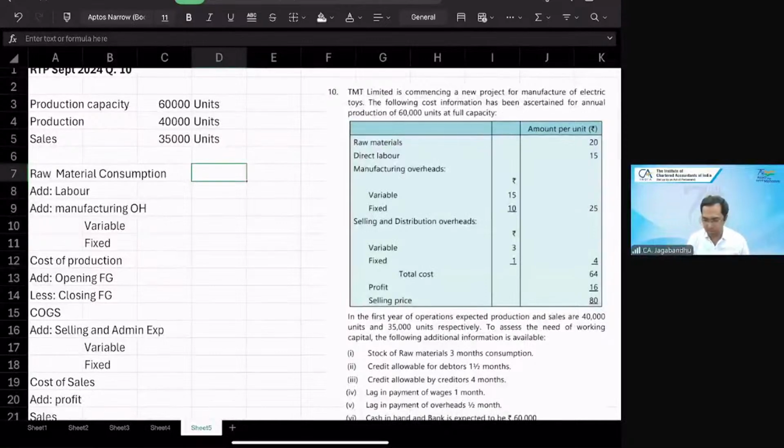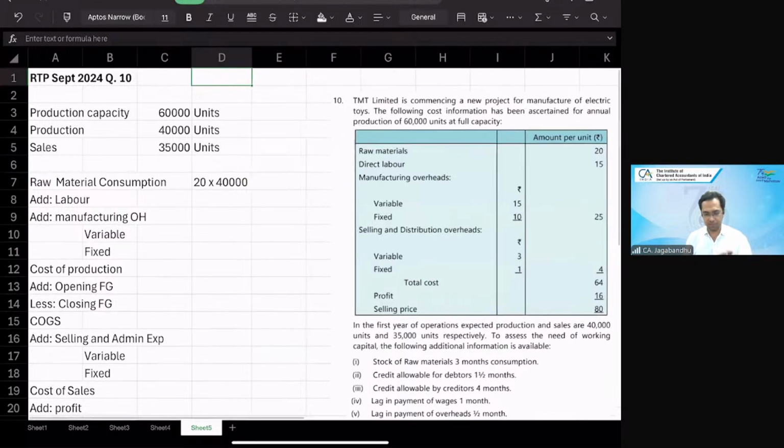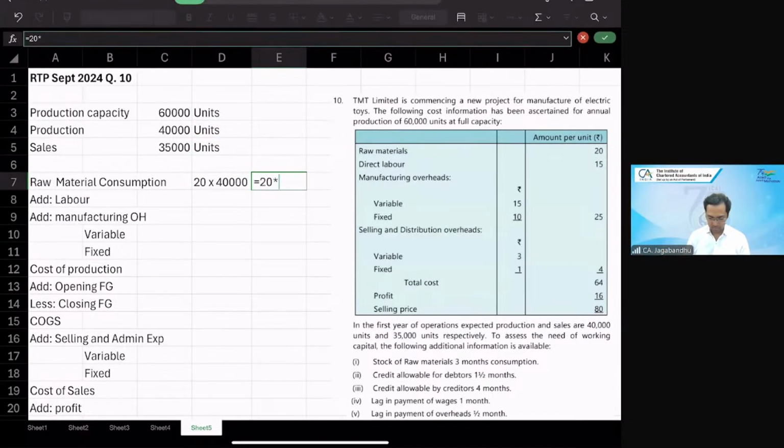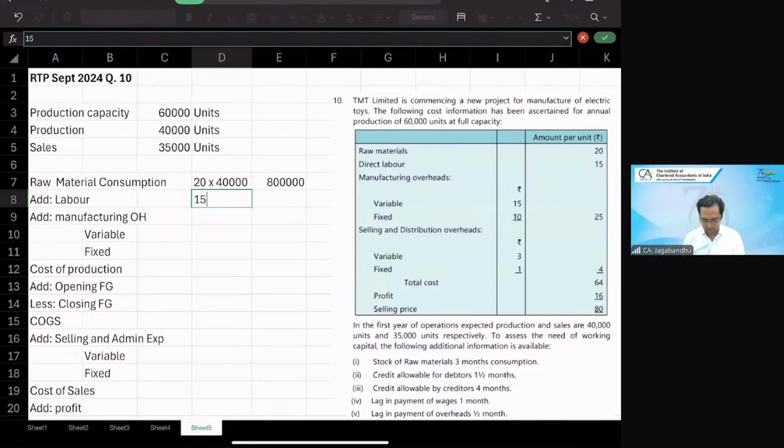Yeah, raw material consumption will be 20 multiplied by 40,000, which is 8 lakh. Okay. To that, we are going to add labor. Of course, labor will be 15 multiplied by 40,000.